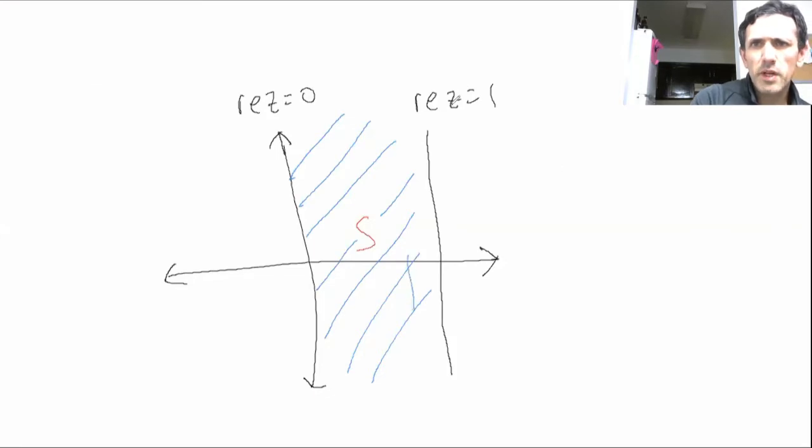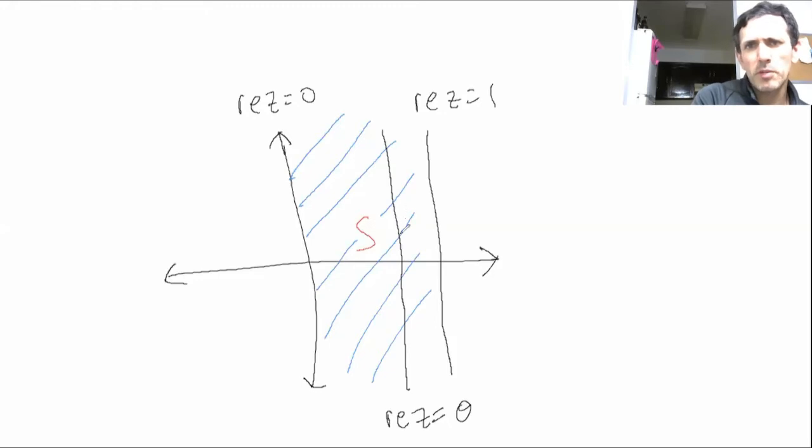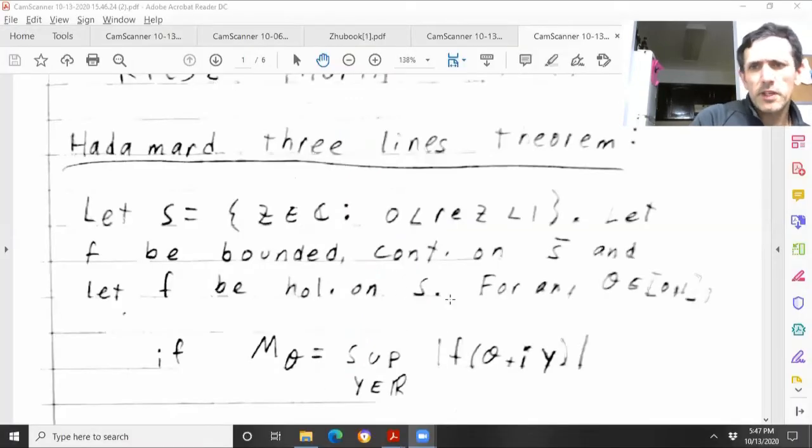Let us draw this vertical line here. Here the real part of z is theta, and M theta is just the supremum of F along this line, because here we're looking at all z where the real part is theta.